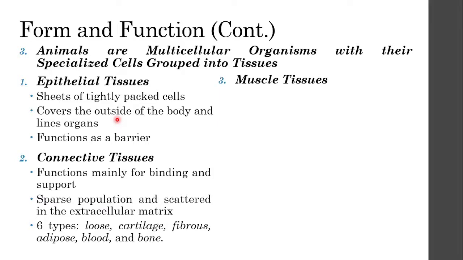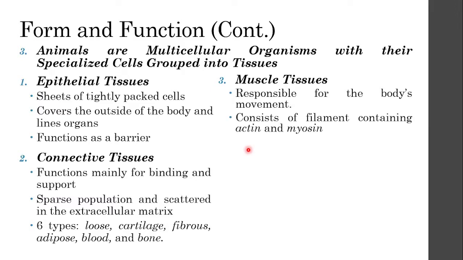And then we have the muscle tissues, which are the tissues responsible for the body's movement. Without these tissues, it would be impossible for us to actually move. A lot of these muscle tissues, especially for voluntary movement, are connected to the bone, which is actually a type of connective tissue, and we'll talk about that later, especially when we talk about movement later on in our discussion about animals.